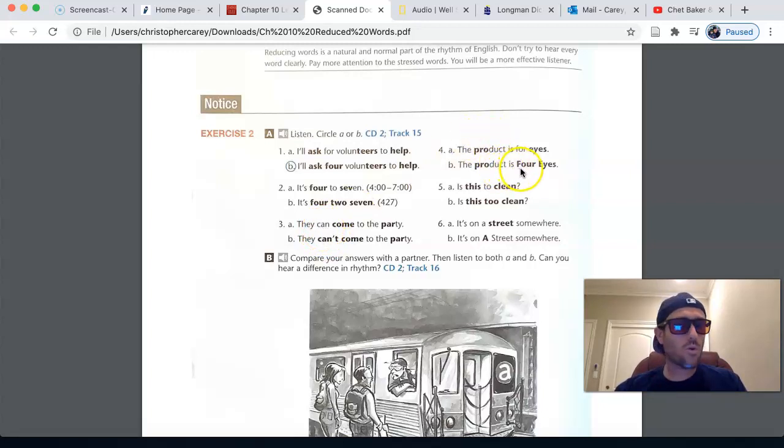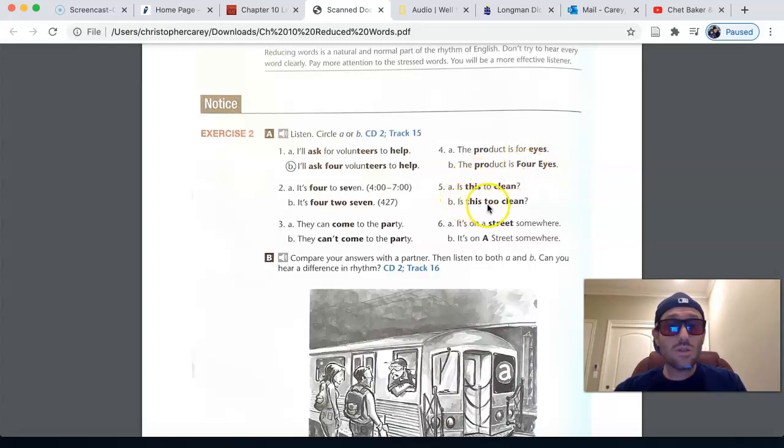We heard the word for clearly. The product is for eyes, instead of the product is for eyes. If you hear the word more clearly, then that means it's a content word.